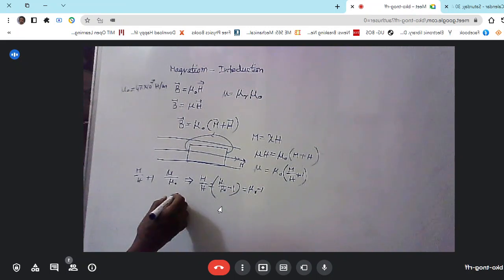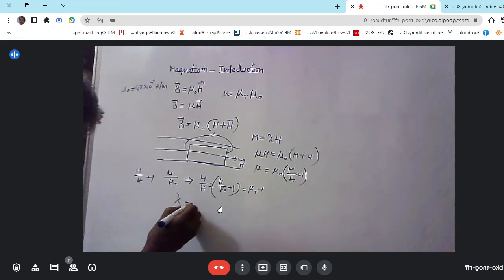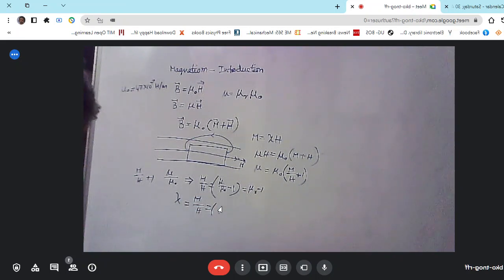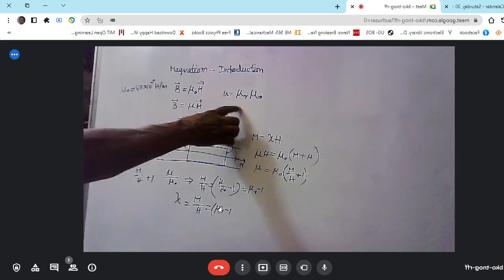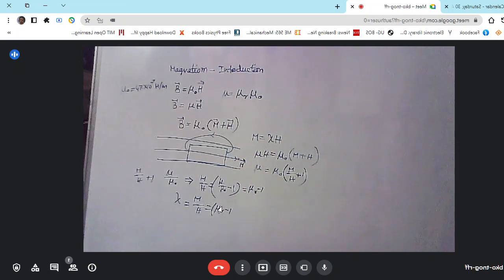Therefore, chi, that is equal to M by H, that is equal to mu r minus 1. You know that mu by mu naught is mu r, the relative permeability. So it is the value for chi.